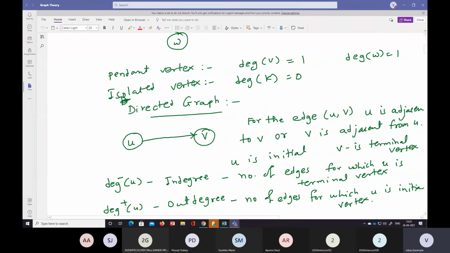Okay, so for the edge u comma v, u is adjacent to v. So if there is a direction, then we use different terminology.